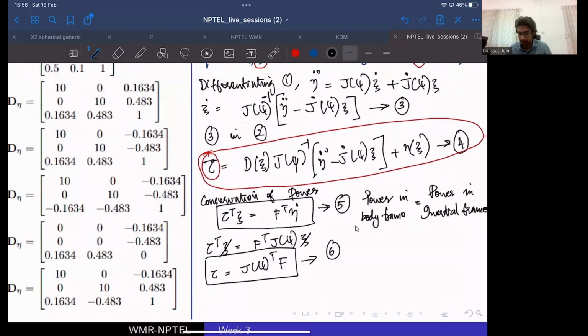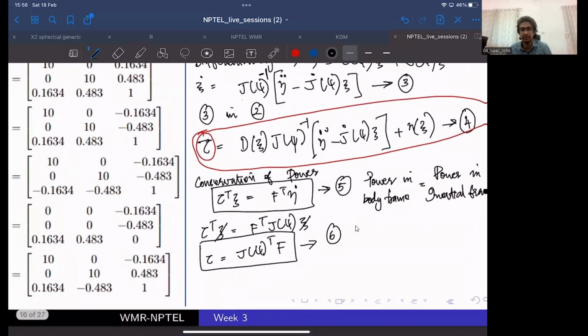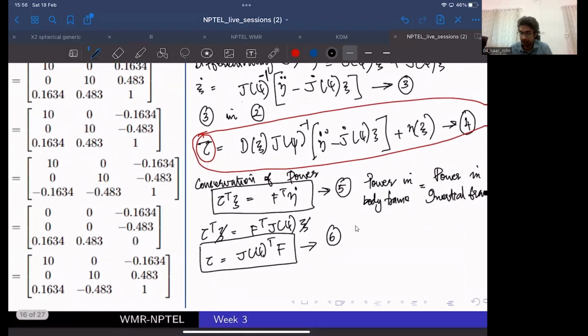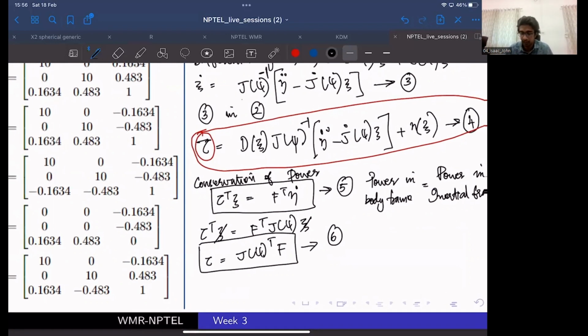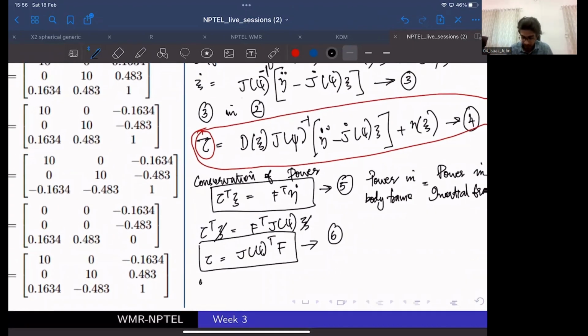So I think we now have all the ingredients. If we substitute equation 6 into equation 4, I hope it is visible. If it is not visible, please let me know. If we substitute the tau on the left-hand side of equation 4, what would equation 4 look like?